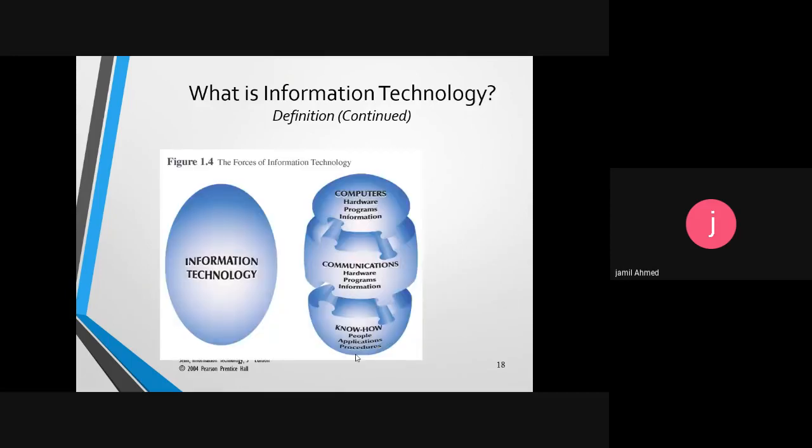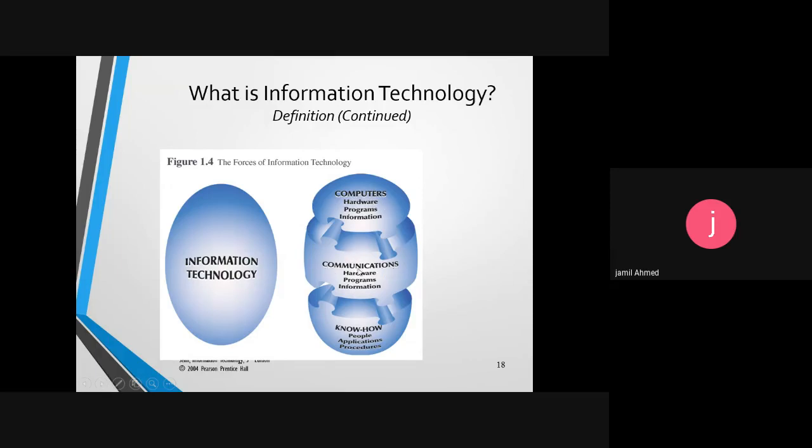These are some, as I have told you, of the components. Computer information technology has computers, consisting of hardware, programs, and information, which we have discussed in detail in the previous lectures, but in this lecture we are only giving the overview.